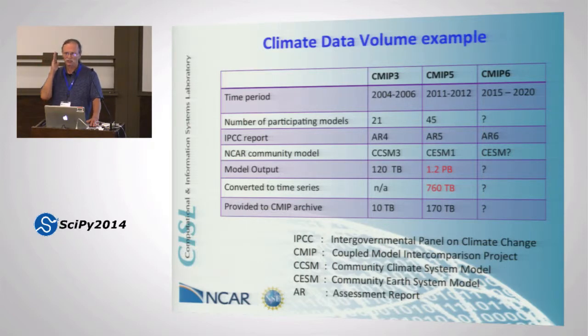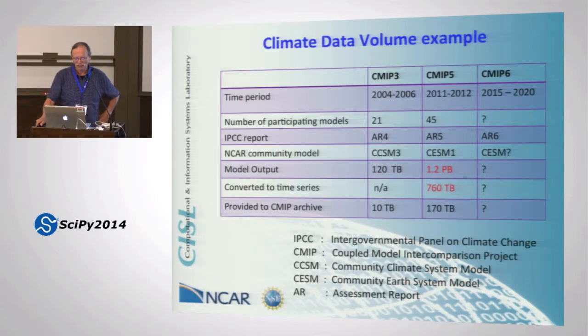That was the raw data, and a mandate for CMIP5 was that all this data, which in raw form is just one time step and all the variables, had to be converted to time slices, which means one variable in a time series type file. The numbers here in red are an indication of NCAR's problem.